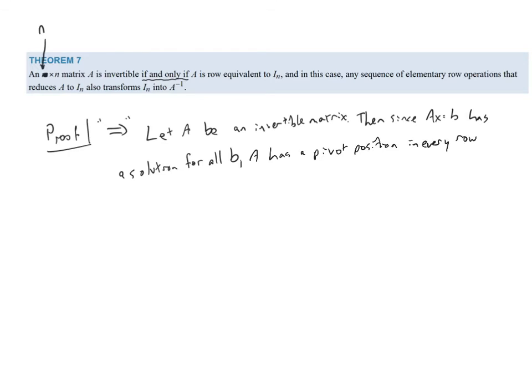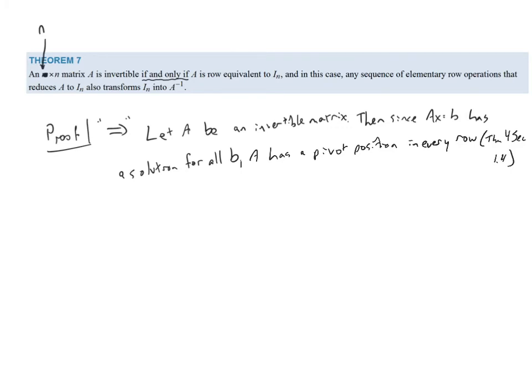And that comes from theorem 4, I'll write it over here in parentheses, theorem 4 in section 1.4, that said that if AX equals B has a solution, then A has a pivot position in every row.